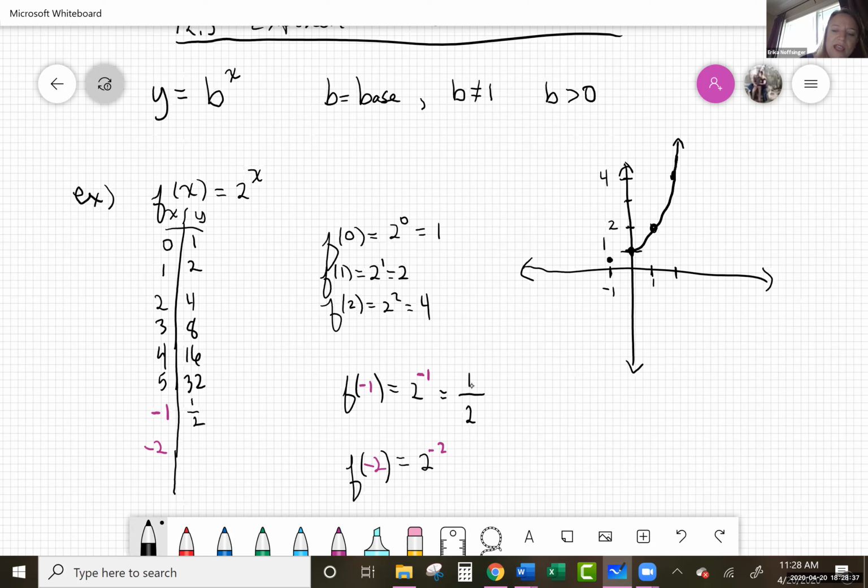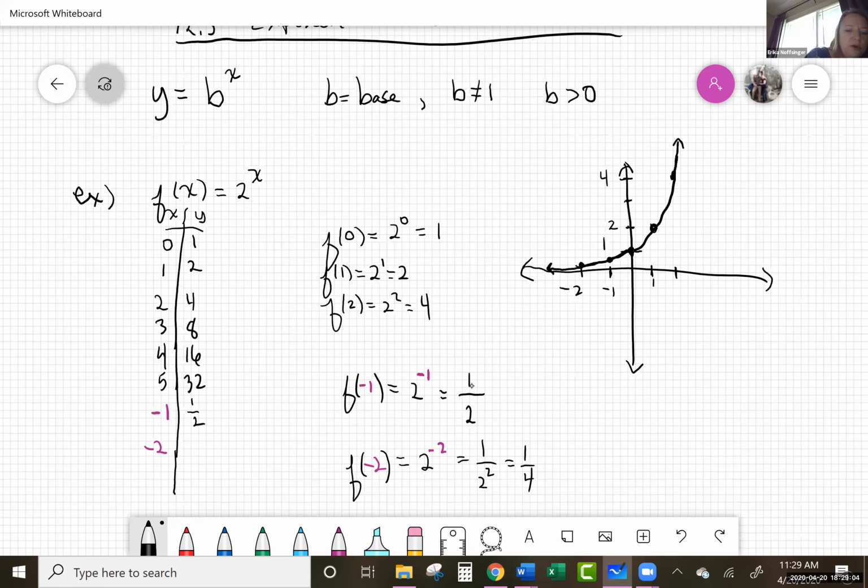Well, that's the same thing as 1 over 2 squared, or 1/4. So as x goes to -infinity, as you plug in smaller and smaller numbers, that's going to 0.